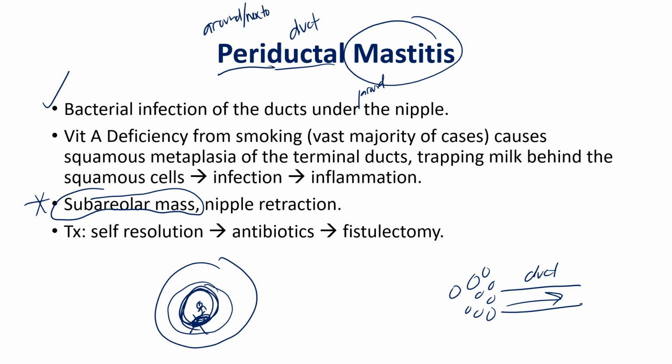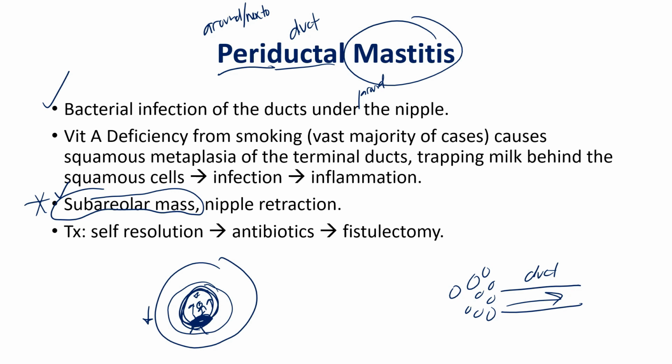It is deep to that, because there are a lot of situations where it is not underneath it per se, as far as if we're talking inferior. So this is more referring to deep, although it is very common to appear underneath the areola area. Okay, so what is this? This is a bacterial infection of the ducts under or around the nipple.